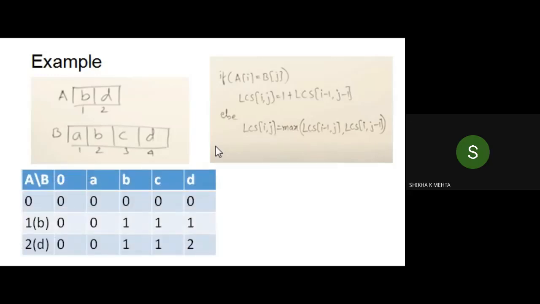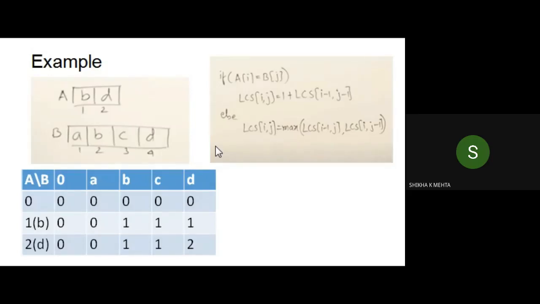So 0,1 is 0 and 1,0 is also 0, so the maximum of both is 0. That's why we have placed LCS 1,1 equal to 0. Let's move on. As we move further, we are moving from 1 to 2.